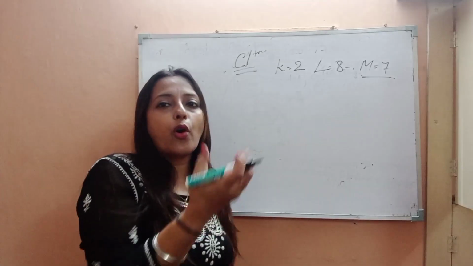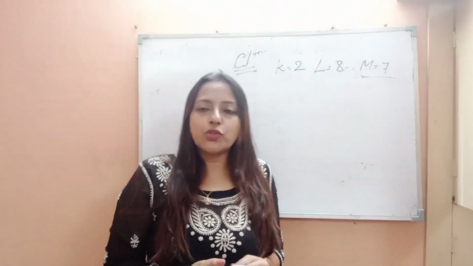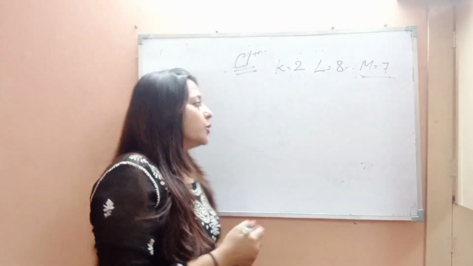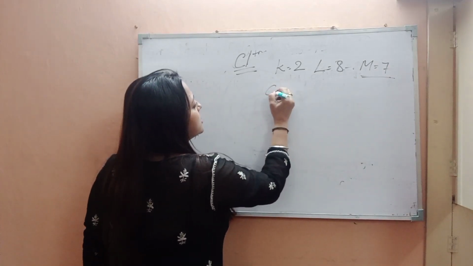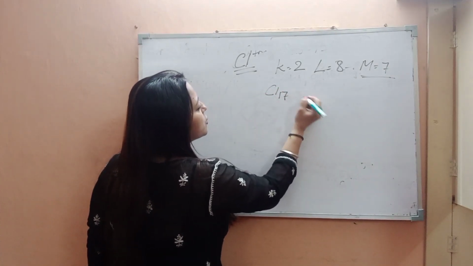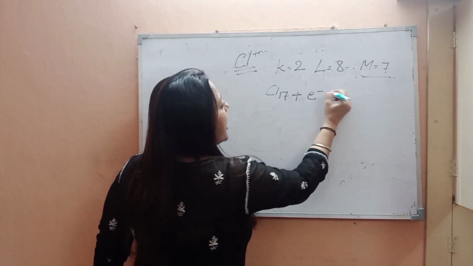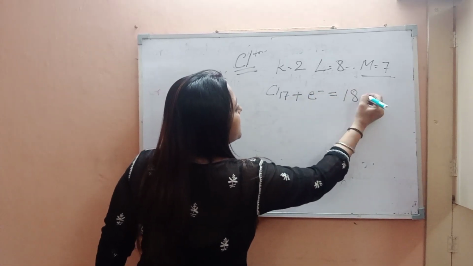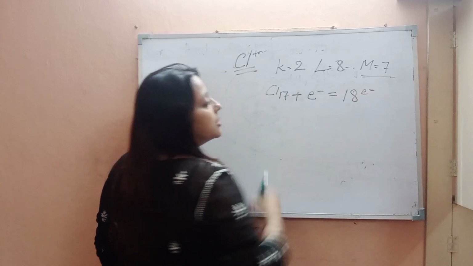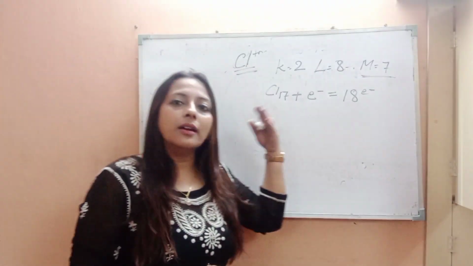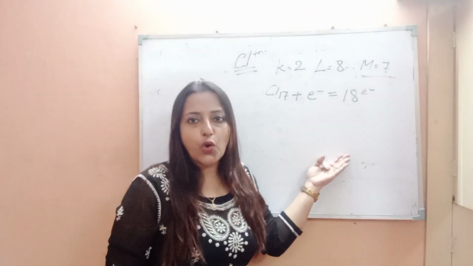Chlorine will accept or gain one electron to become stable. Chlorine has 17 electrons, it will gain one electron, and it becomes like a noble gas because it now has 8 electrons in its last orbit.